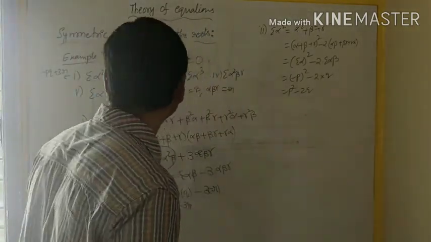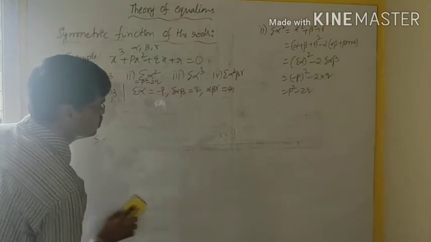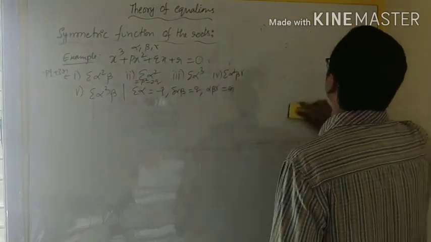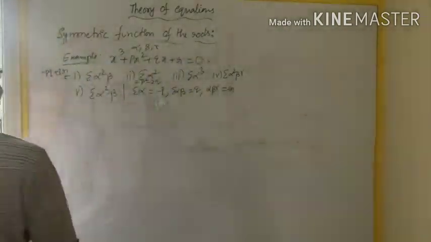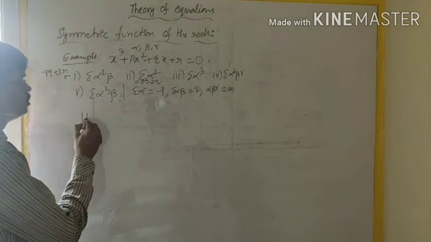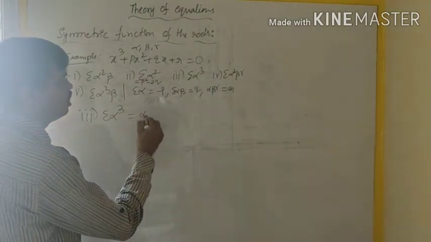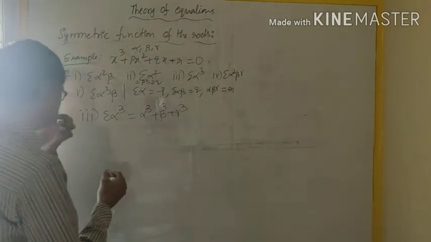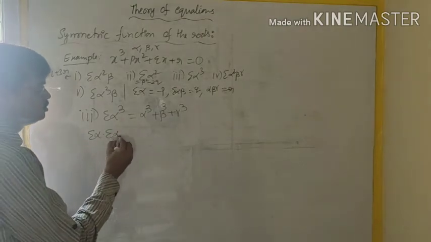Now see the third one, how to solve it. Sigma alpha cube, that is alpha cube plus beta cube plus gamma cube. This I will write otherwise as sigma alpha into sigma alpha square.